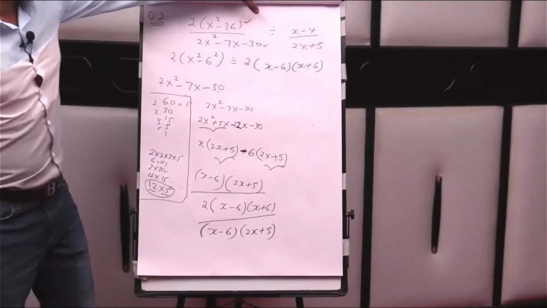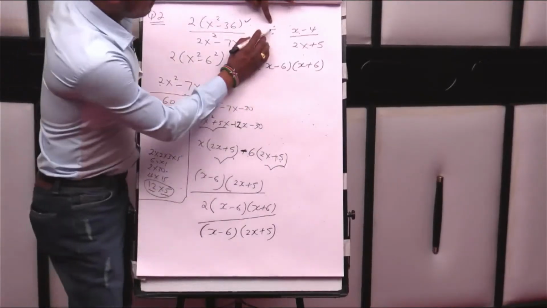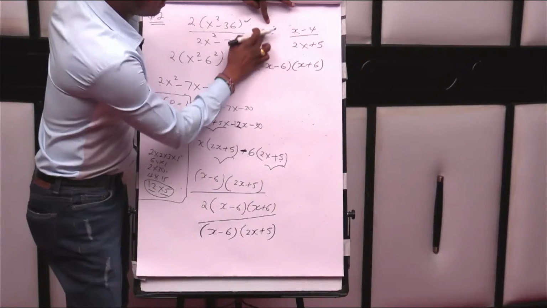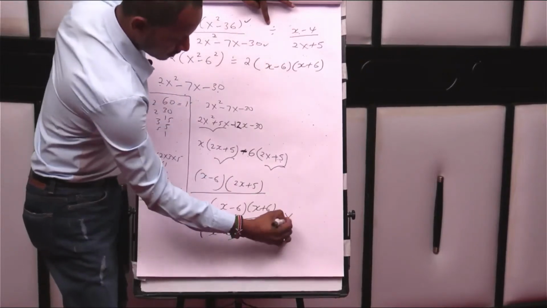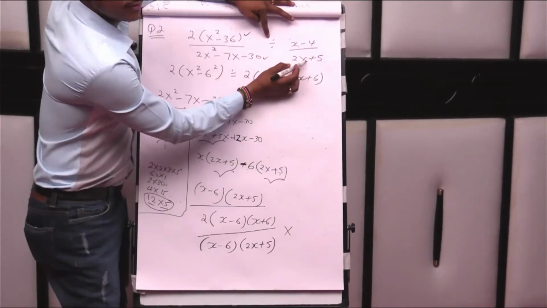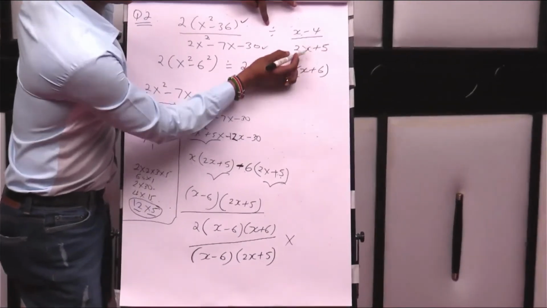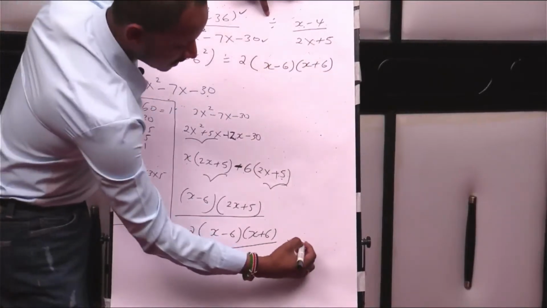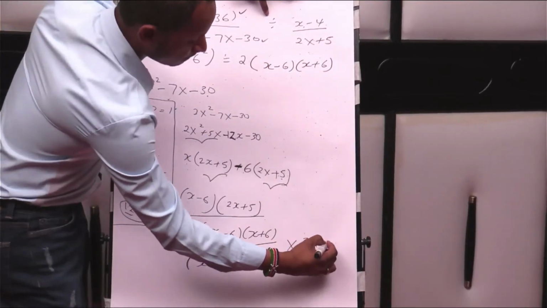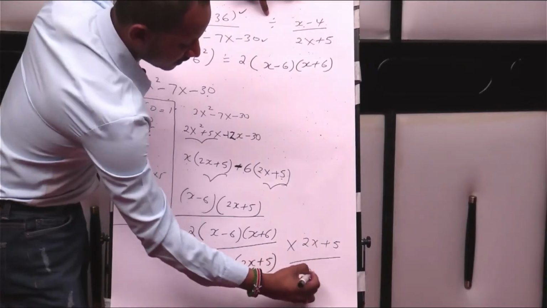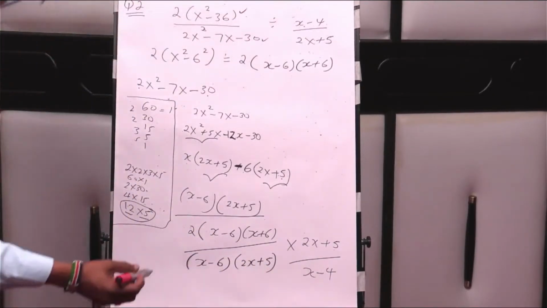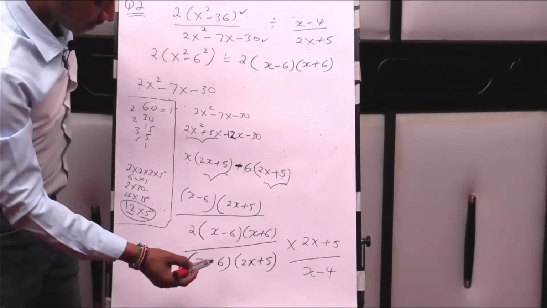Then come here. If you divide this by this, if you want to change the division sign by multiplication, you multiply by the reciprocal of this. Now this comes up. So x minus 4 over 2x plus 5 becomes times 2x plus 5 over x minus 4. So from here, you can simplify, you can cancel.